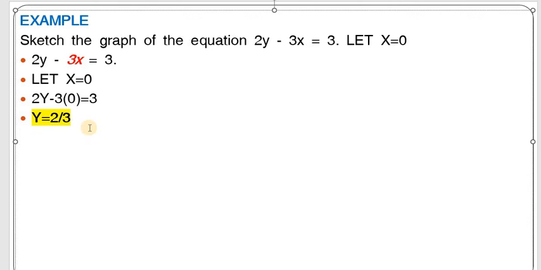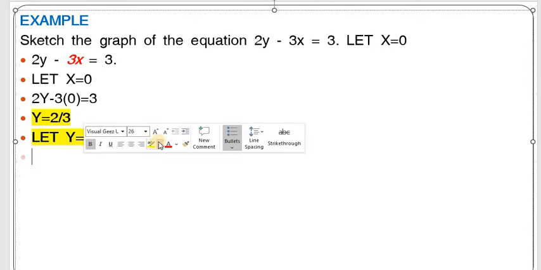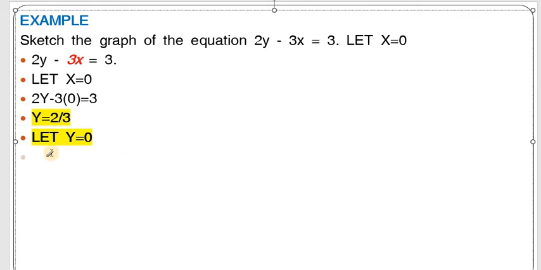The second one: if the value of y is 3 over 2, what is the value of x ብለን ማግኘት እንችላለን, but before that we can simply get the second intercept, ሁለተኛ intercept መጠቀም እንችላለን. That means let y is equal to 0. If y is 0, what is the value of x? So x አችን ምን ይሆናል ነው basically. So ተመሳሳይ ኮንሰፕት apply እናደርጋለን ማለት ነው.